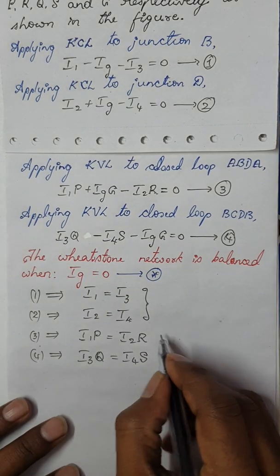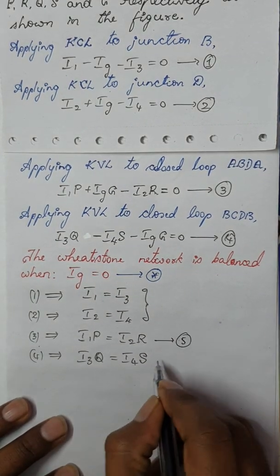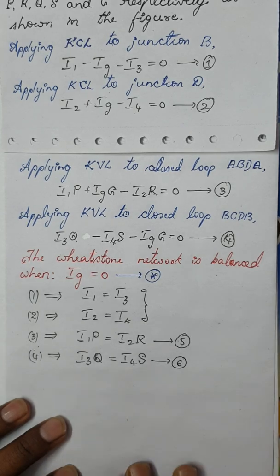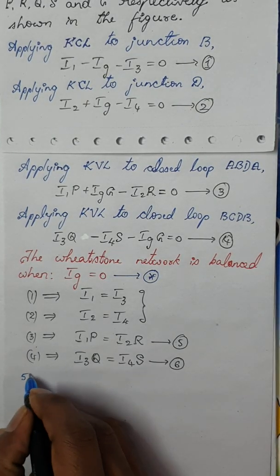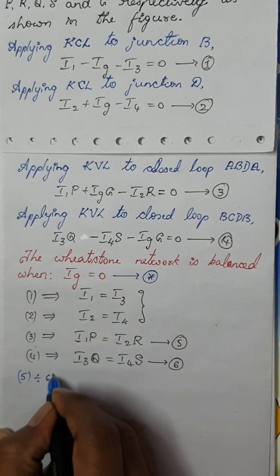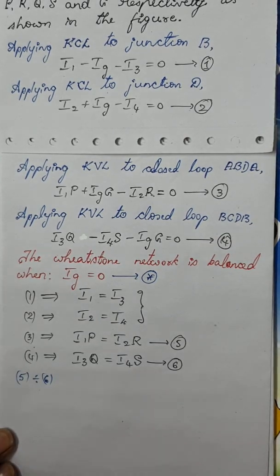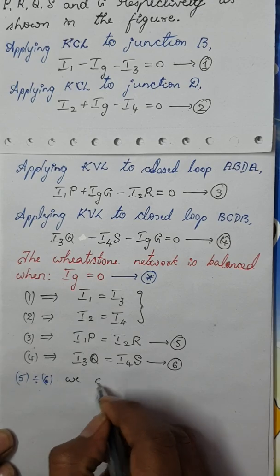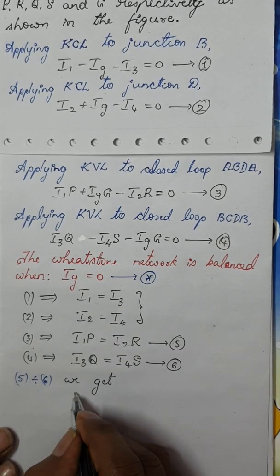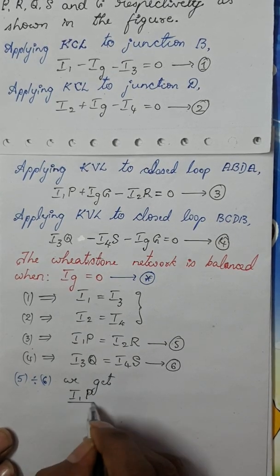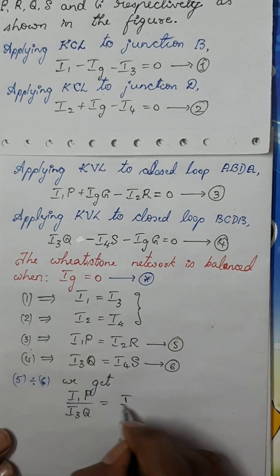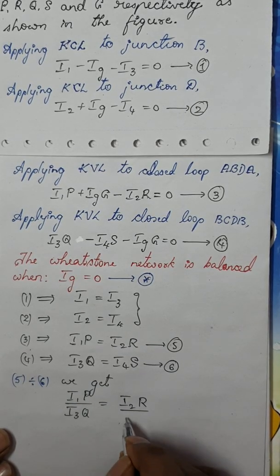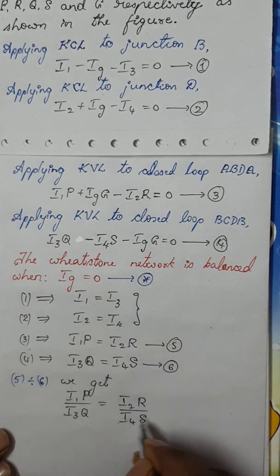Now let me take this equation as 5 and this as equation 6. Very important step. If you take equation 5 divided by equation 6, what will I get? I1P divided by I3Q is nothing but I2R divided by I4S.